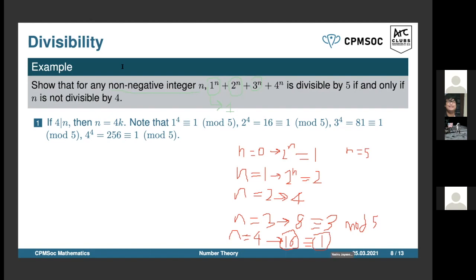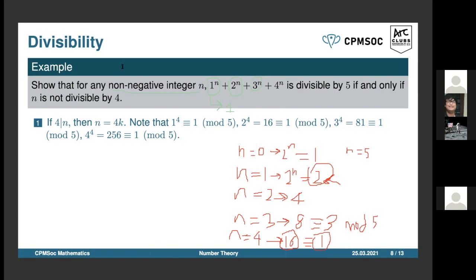So when you multiply the 1 by 2, you'll go back to this 2 over here. So that means that 2 to the 5 is the same as 2 in modulo 5. If you multiply by 2 again, so 2 to the 6, it's the same as multiplying this 2 by a 2. So it'll go back to 4.